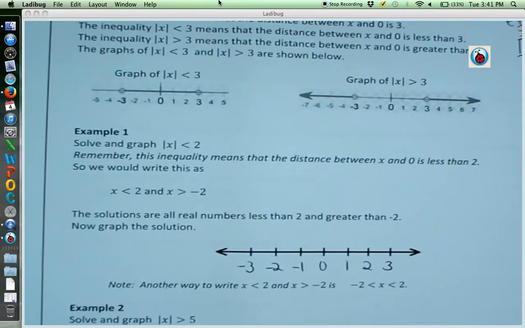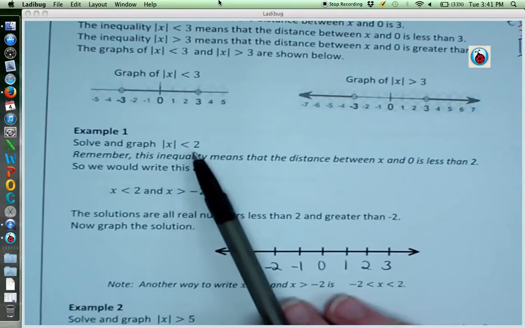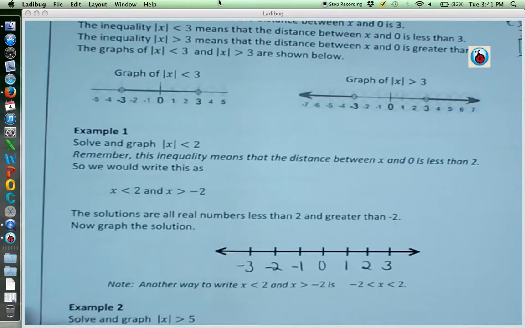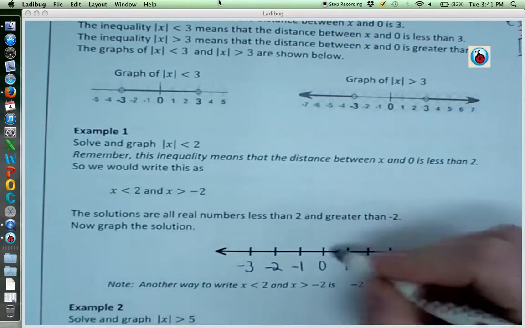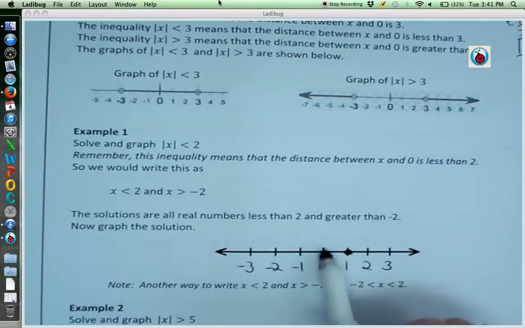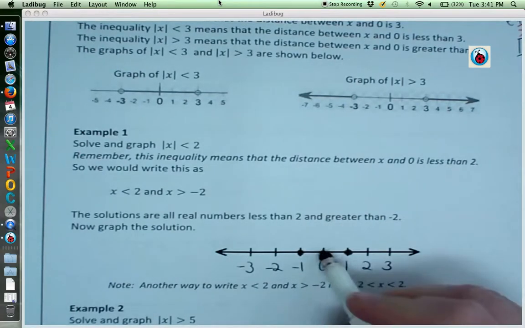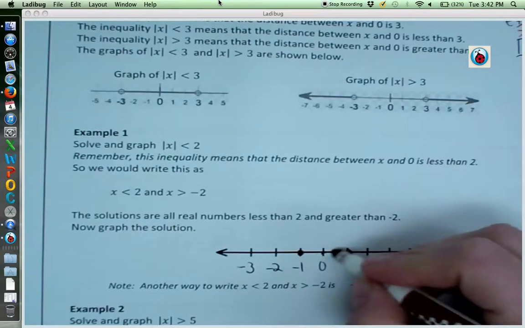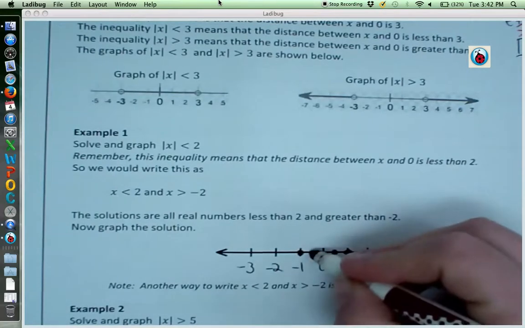So if I'm thinking of all the numbers that have a distance away from 0 of less than 2, that could be a distance of 1. So that could be one space to the right or to the left of 0. That would be fine. I could go a distance of 1/2 to the right of 0 or half to the left of 0.